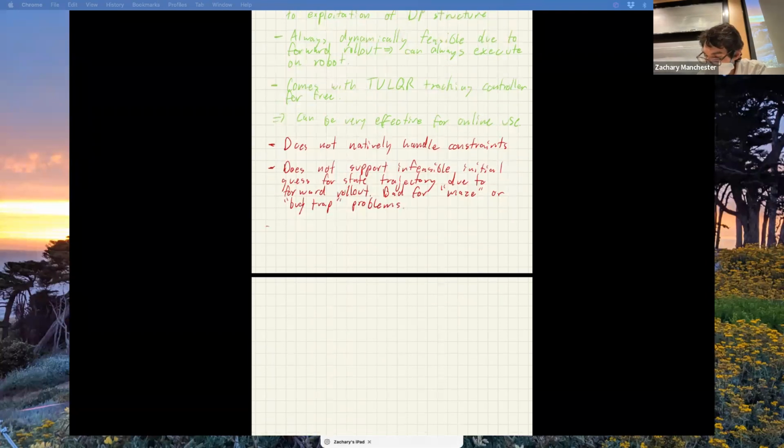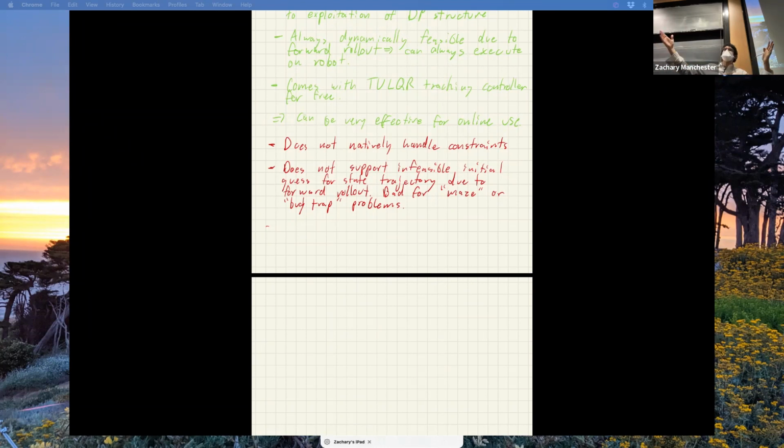And then the last one is that these methods are very similar to backprop. They can suffer from numerical ill conditioning if you have really long horizons, really long trajectories, because it's like having backprop through a very deep neural network, right? You have lots and lots of stages, and any kind of round off, truncation, and ill conditioning is going to accumulate as you go. So you can end up with what in machine learning is called the vanishing gradient or exploding gradient problem. In control, it's often called the tail wagging the dog problem.